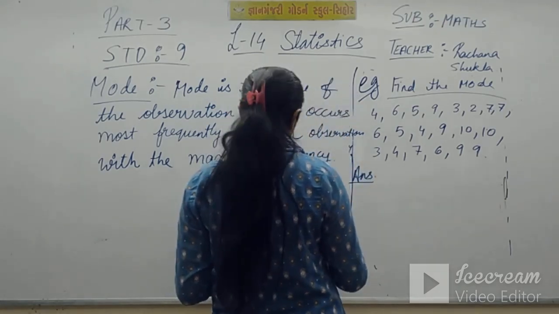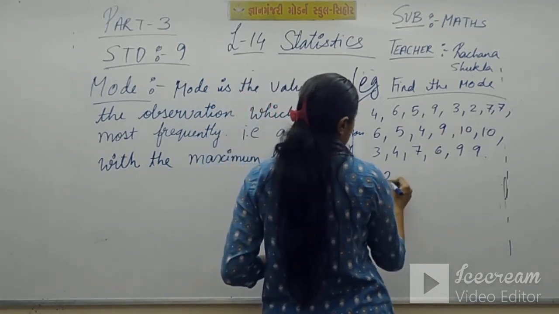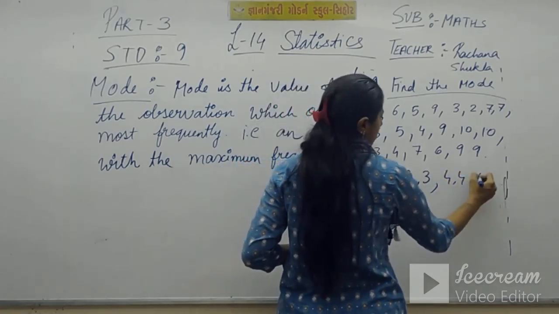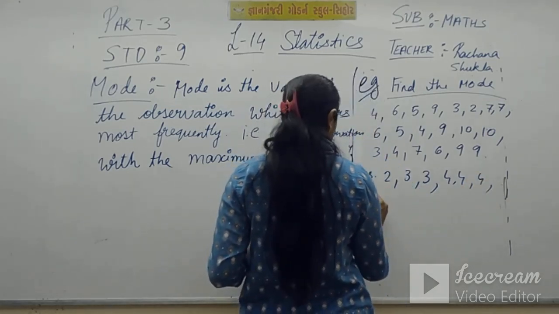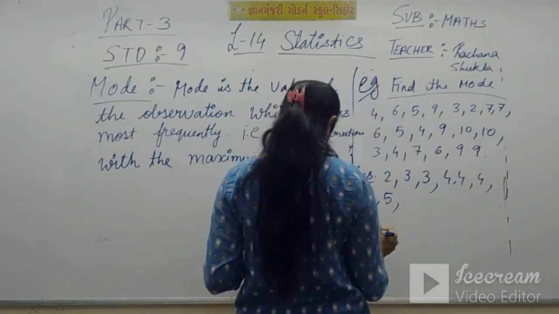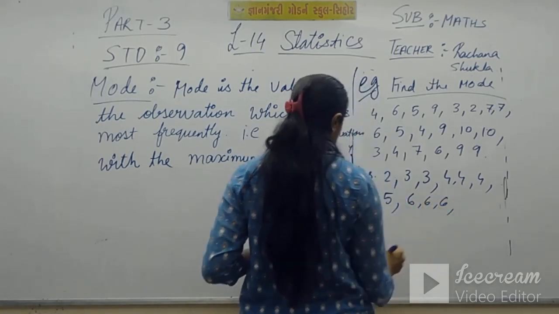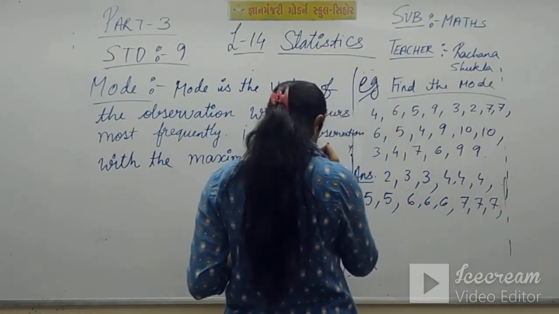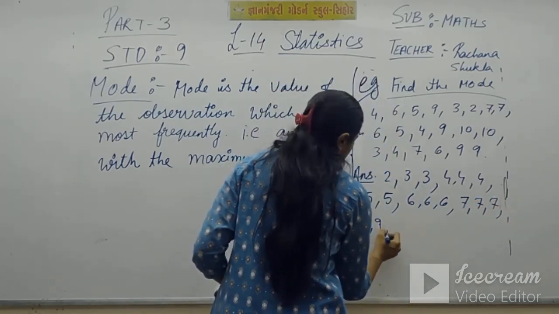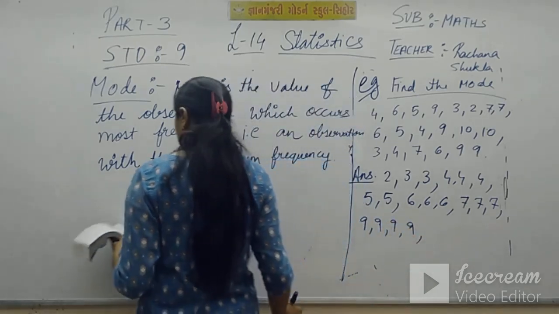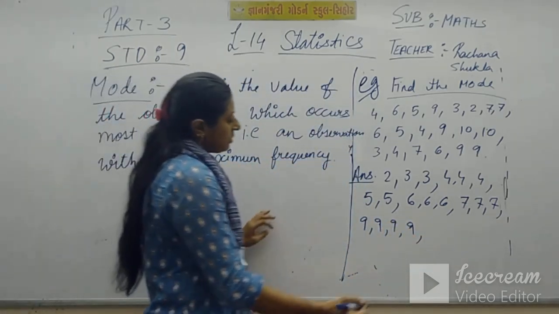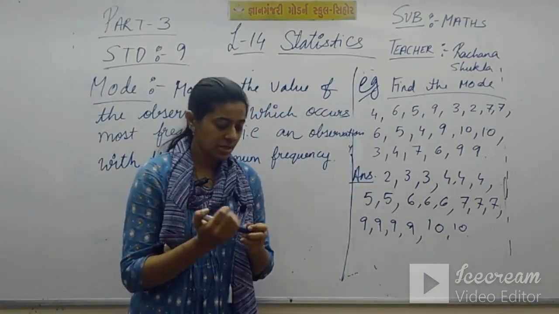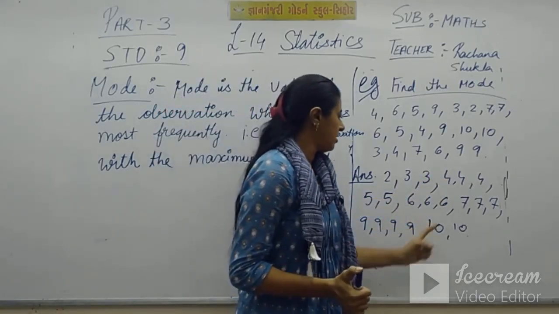So arrange it in the ascending order. 2, then 3, 2 times, 4, 3 times, 5, 2 times, 6, 3 times, 7, 3 times, 9, 4 times and 10 is 2 times. So we have arranged the data in ascending order.